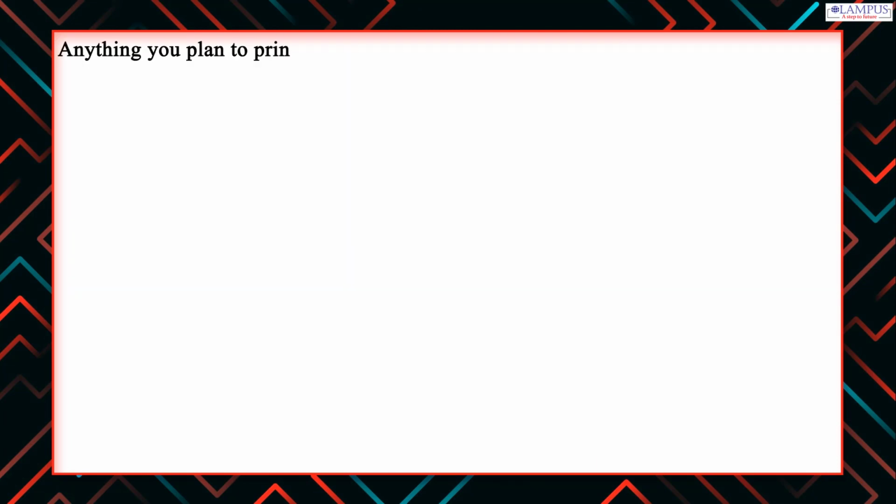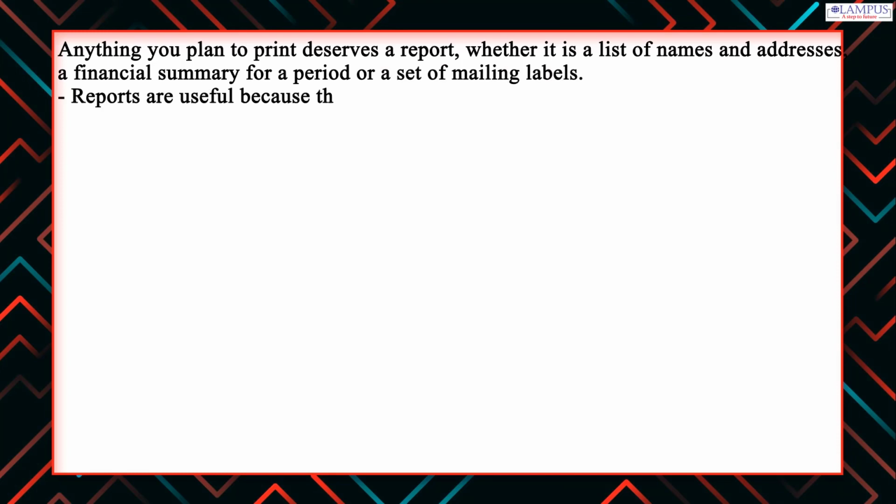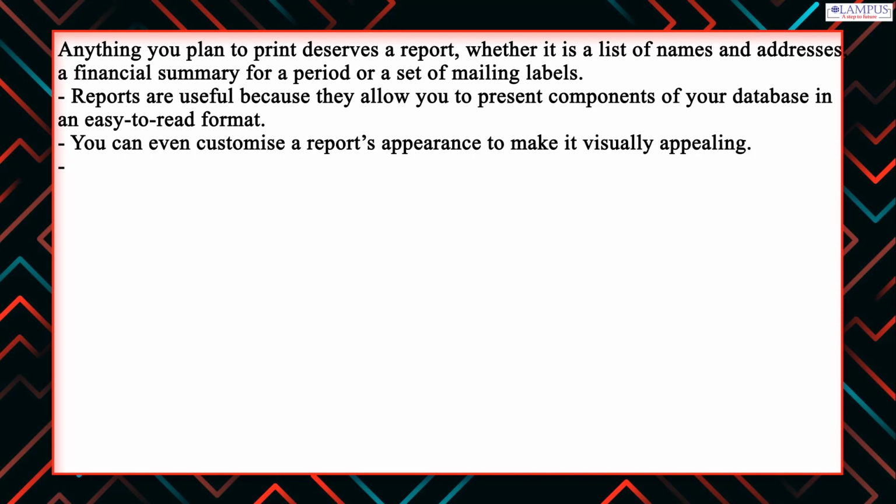Anything you plan to print deserves a report, whether it is a list of names and addresses, a financial summary for a period, or a set of mailing labels. Reports are useful because they allow you to present components of your database in an easy-to-read format. You can even customize a report's appearance to make it visually appealing. Access offers you the ability to create a report from any table or query.